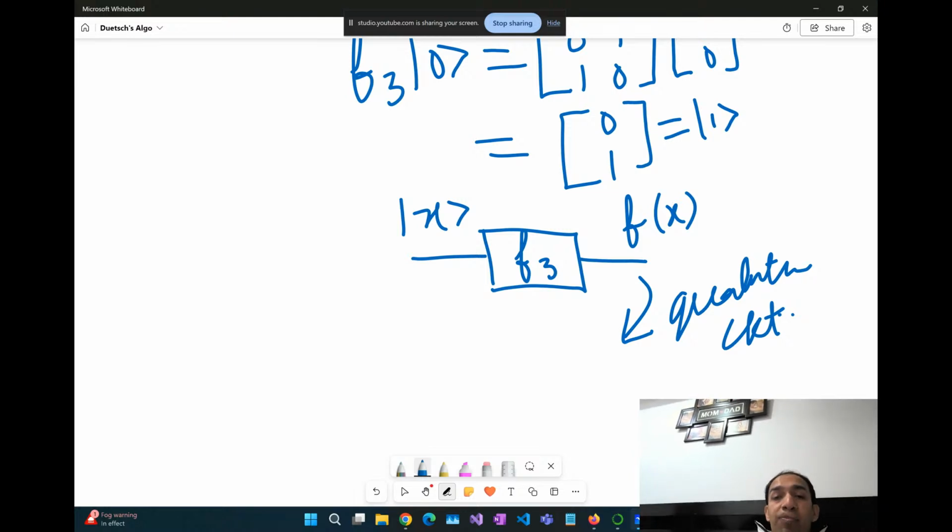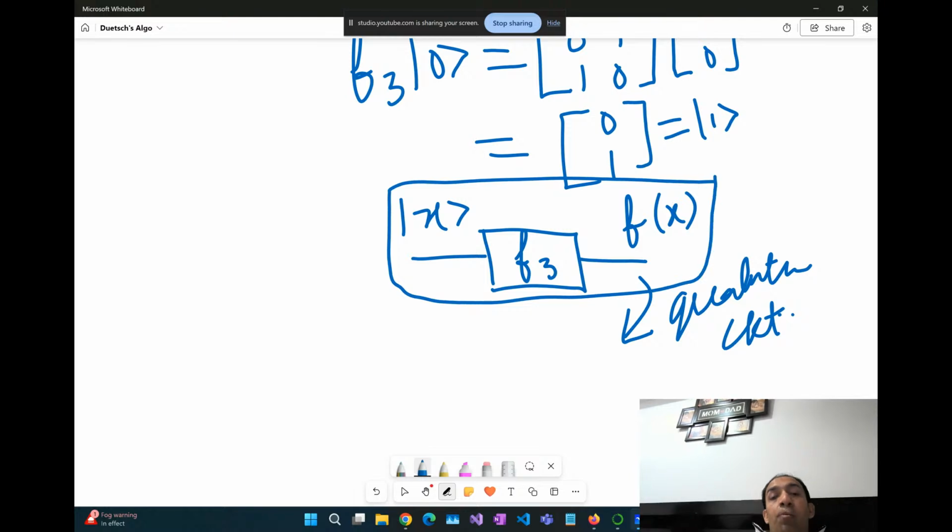Because at this point, if you think carefully, this circuit is not reversible, which means by checking the value of the output, you cannot predict the value of the input at all. There's no way you can do it. But in quantum, you have to design your circuit, or gates, in a way that they are reversible actually. And we have discussed a lot about it in the previous sessions as well.